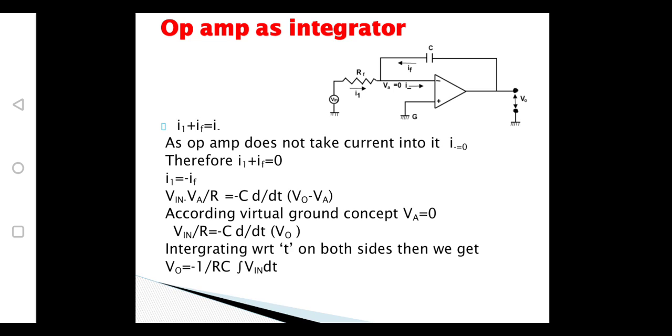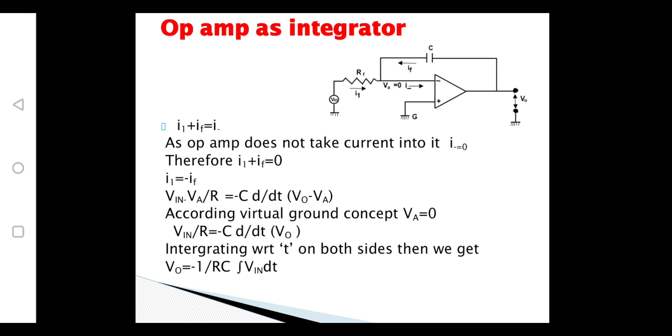Here minus represents the input towards the inverting terminal. But we know that the ideal op amp will not take any current into the op amp. That is the reason this I minus value should be equivalent to 0. Therefore, the expression can be written as I1 plus IF equal to 0. So from that we can say that I1 is equivalent to minus IF.